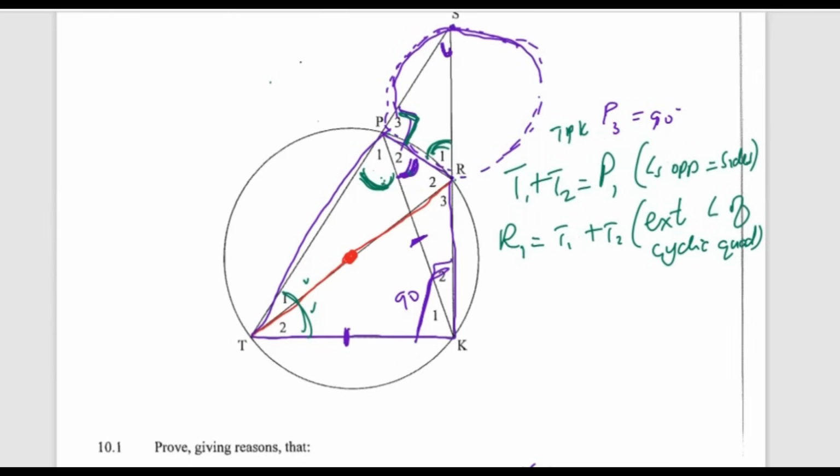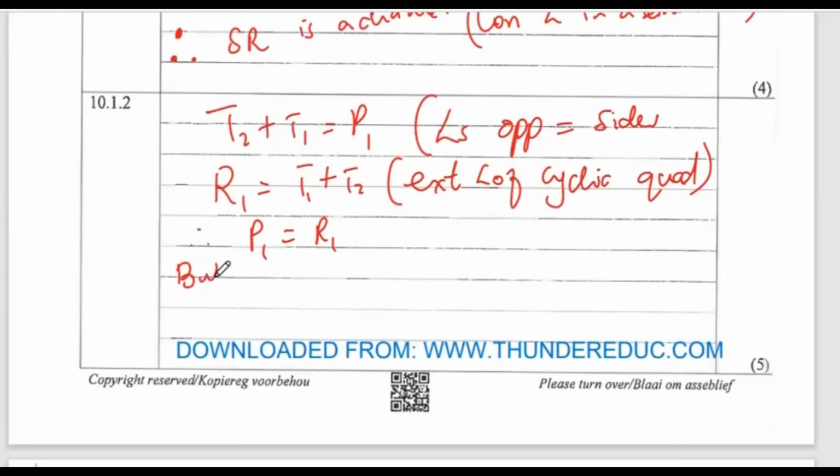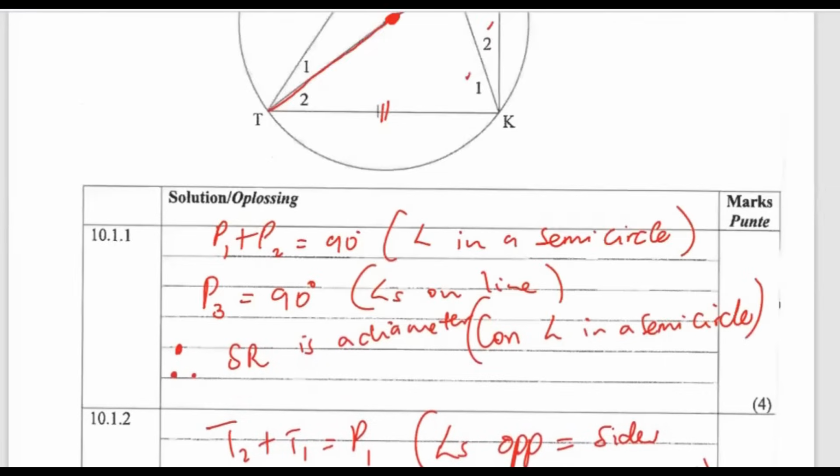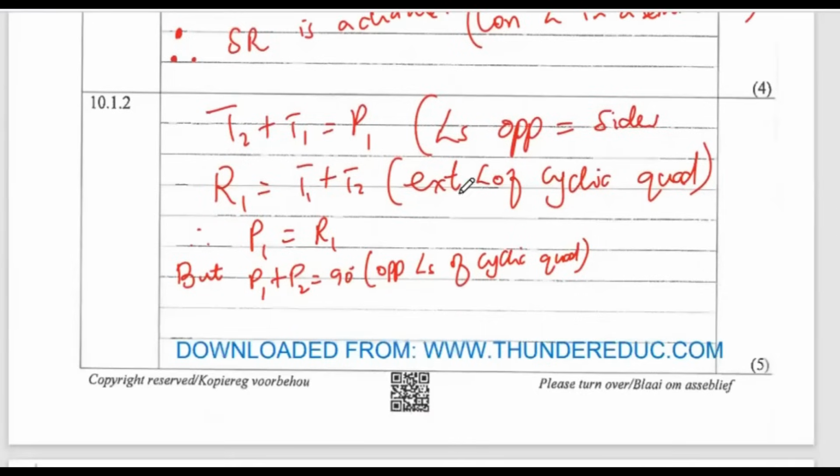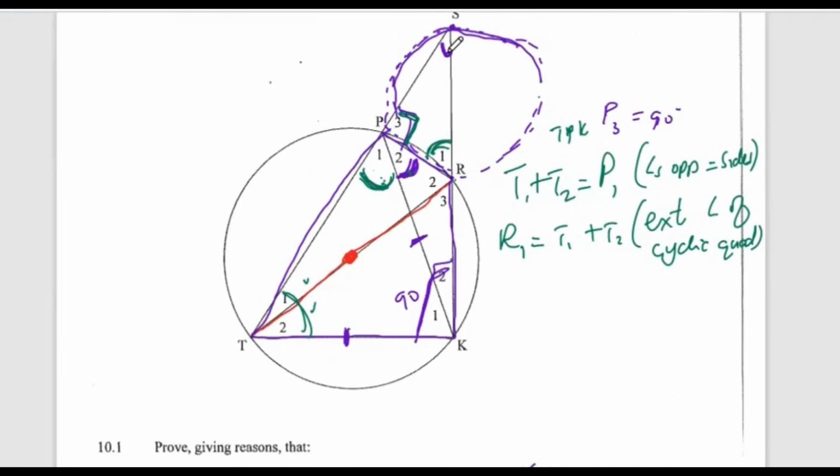Okay, let me start by saying P1 and P2. P1 plus P2 is equal to 90. Those are the angles in the same segment of the cyclic quad. Let's just stick to that. Okay. Angle in the same side. So if that is true, which means even S and R1.